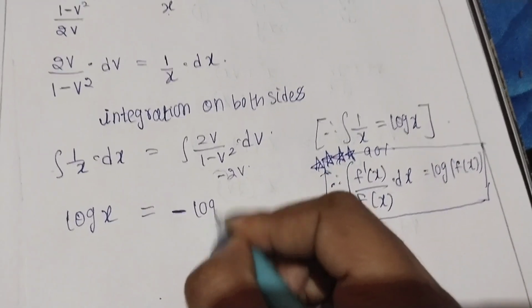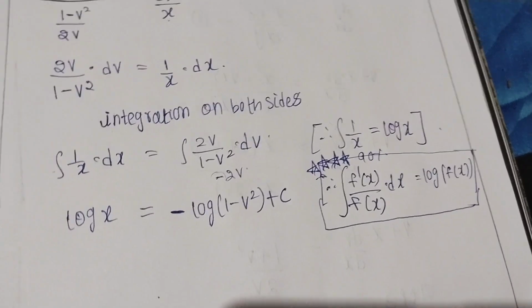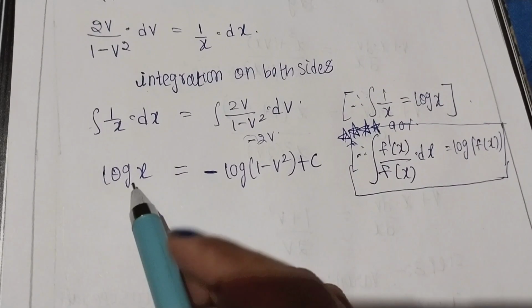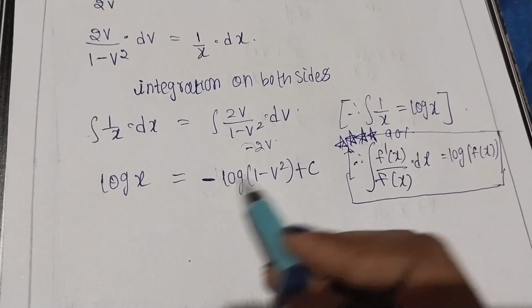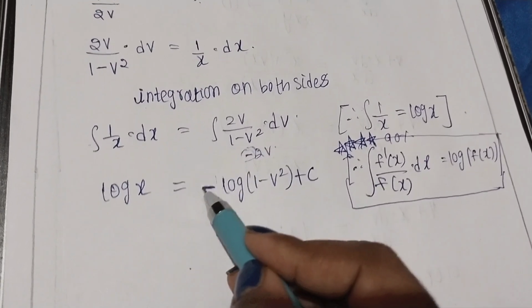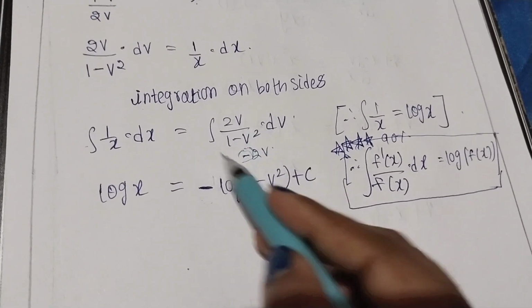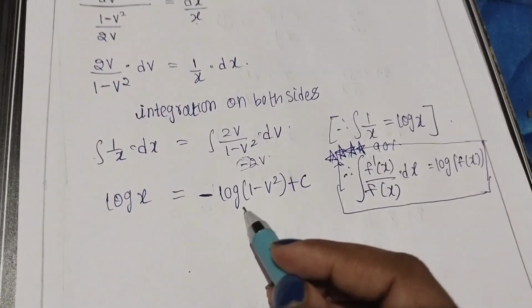That is log of (1 minus v square) plus c. So now putting the minus and getting this is simple. Only the minus is missing, right? So we have kept the minus here. The rest of the thing is the same. As we can apply this formula for this, the rest is simple.